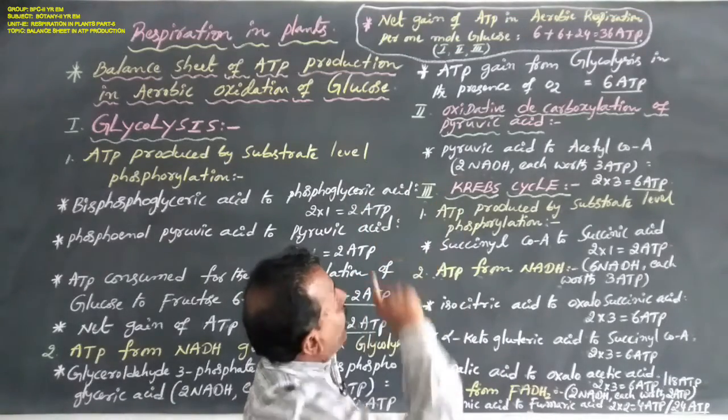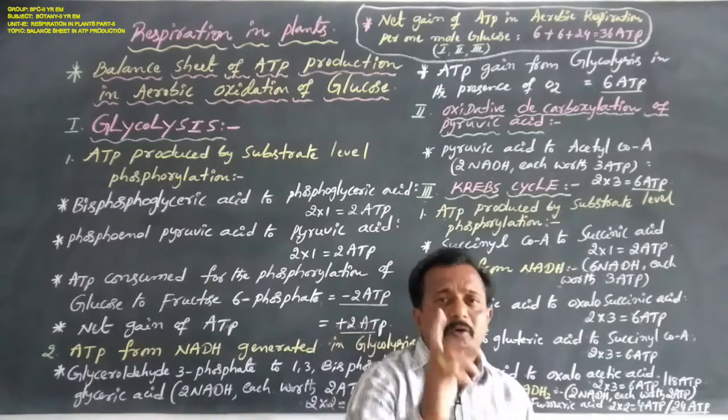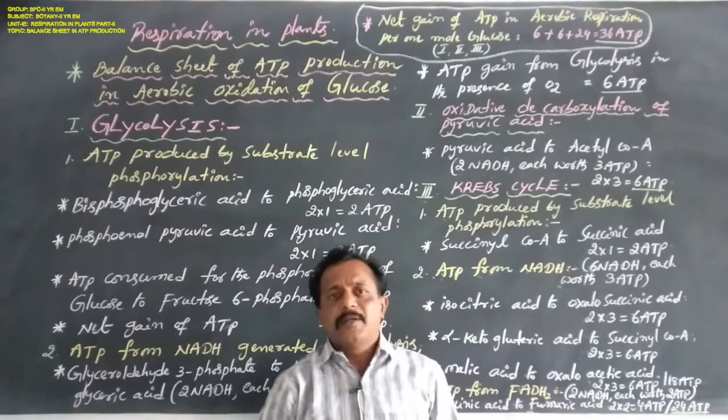The net gain of ATP in both respiration steps, for 1 mole of glucose, is equal to 38 ATP molecules.